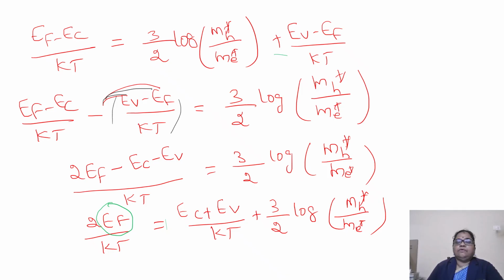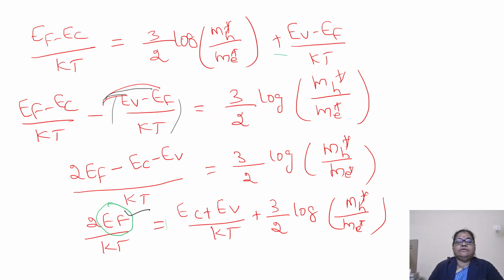So now I simplify this term, because I need to find out what this EF is. Based on this EF, what I can do is multiply KT by 2 for both the terms on the right hand side.